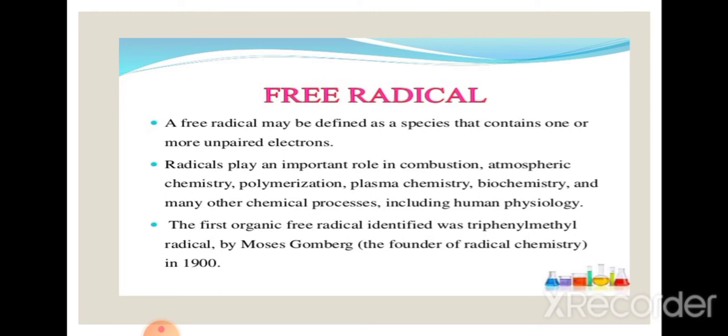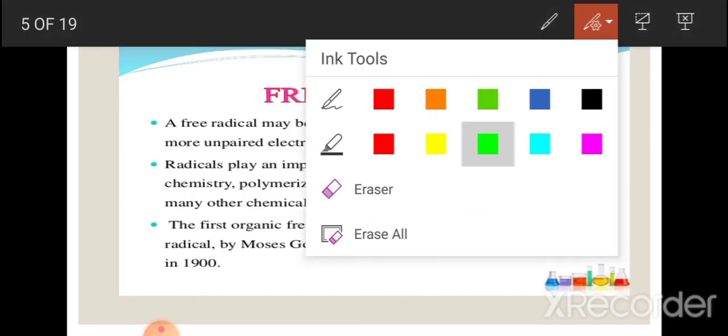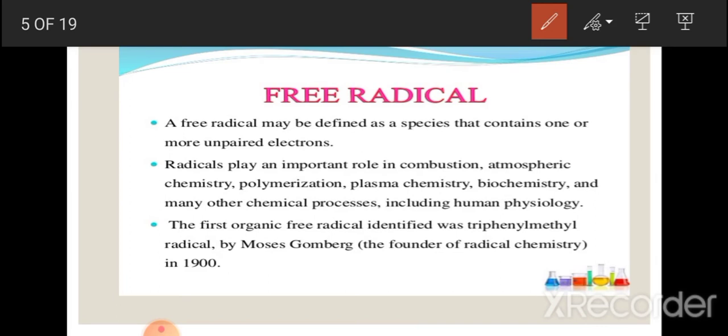These result on account of homolytic fission of a covalent bond and are denoted by putting a dot against the symbol of the atom or group of atoms. Just see this. If I write Cl dot, this you will call chlorine free radical. Hydrogen dot, this is hydrogen free radical.